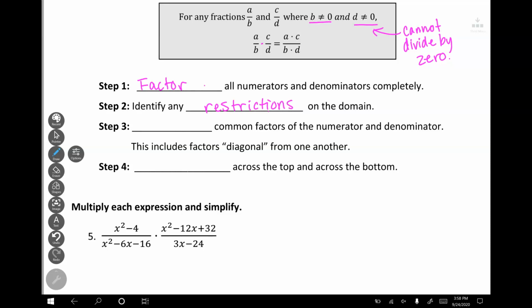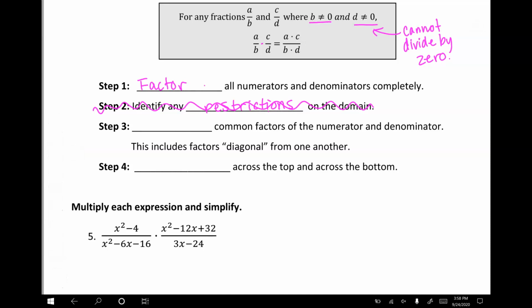However, we have decided to save this one for later when we talk about rational equations, so you can ignore that one for now. We're not going to talk about restrictions yet. Step 3, you want to divide common factors of the numerator and denominator. So anything that appears in the top and the bottom, you can divide out or cancel. This includes factors that are diagonal from one another.